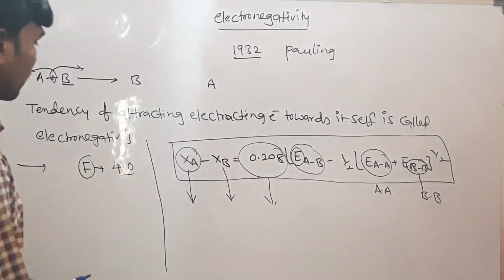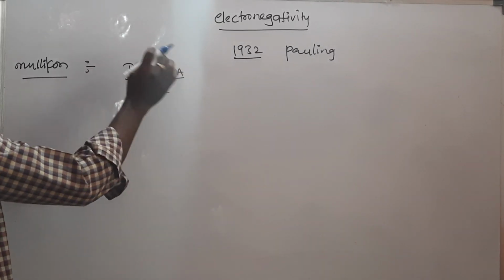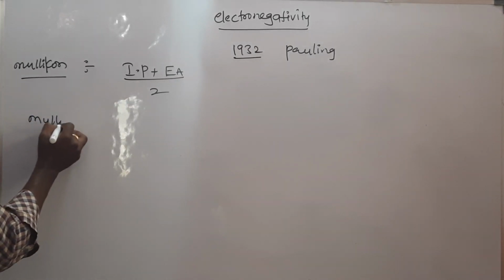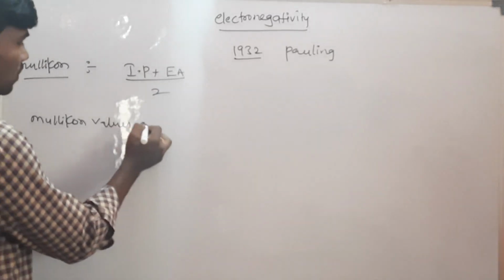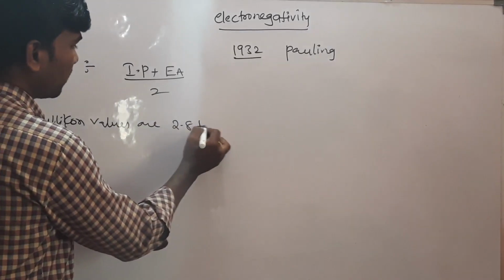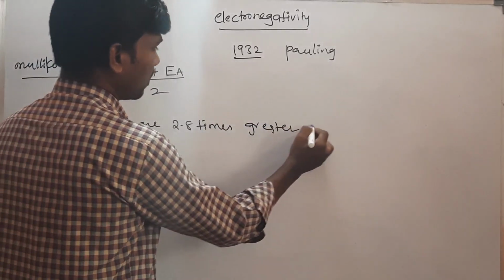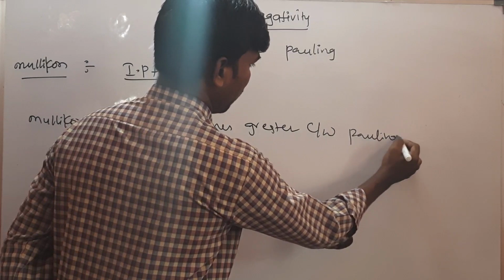After this, Mulliken: electronegativity is the average of ionization potential and electron affinity. Here they observed that Mulliken values are 2.8 times greater compared with Pauling values.